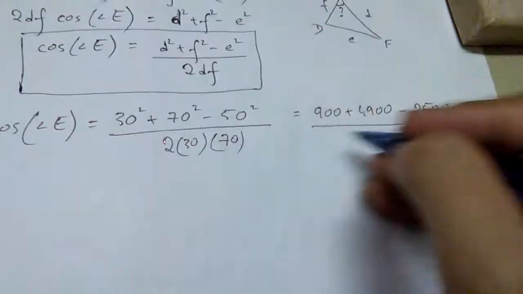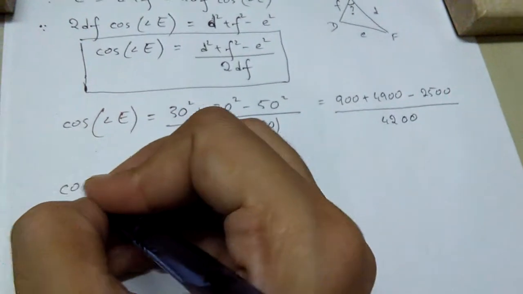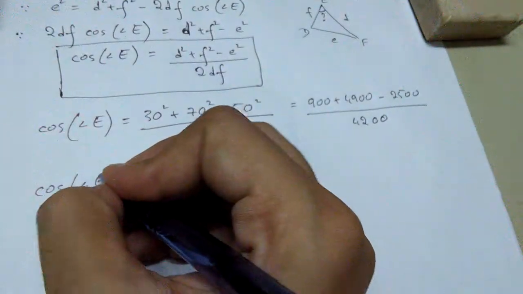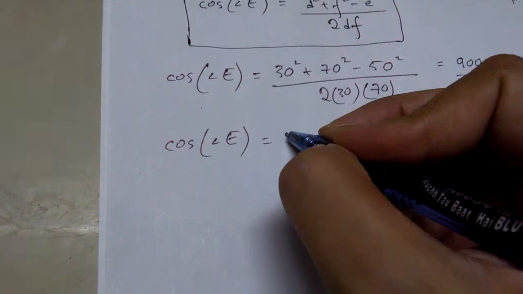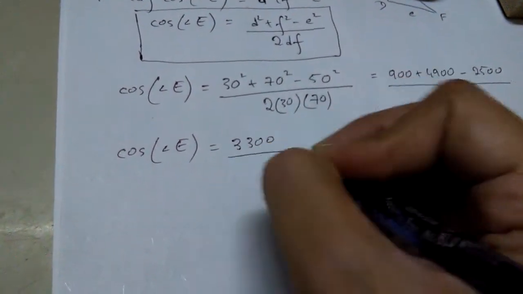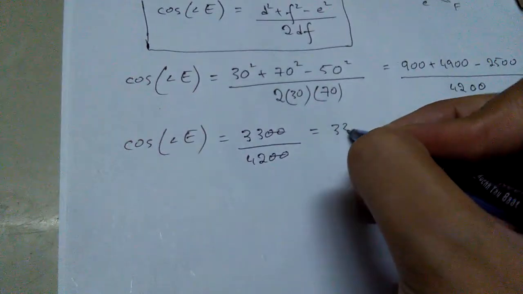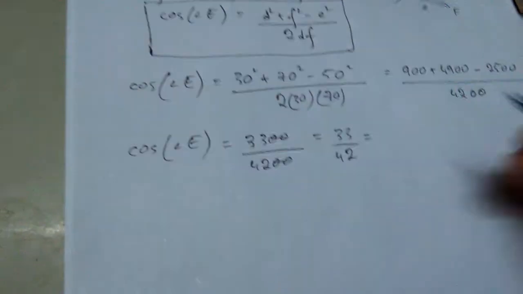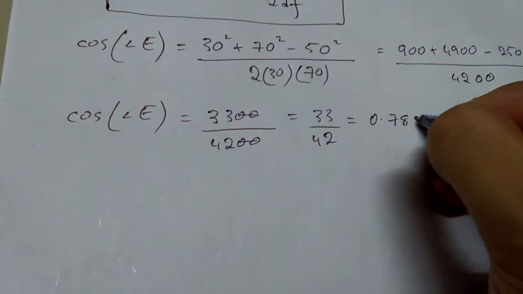It's going to be 6 and 42. Alright, so let us now simplify this. Cosine of angle E is giving us 3300 upon 4200, and it's 33 upon 42, so it is going to be 0.785.